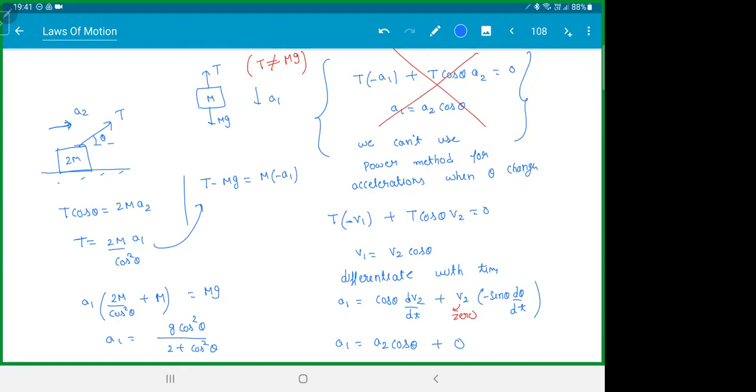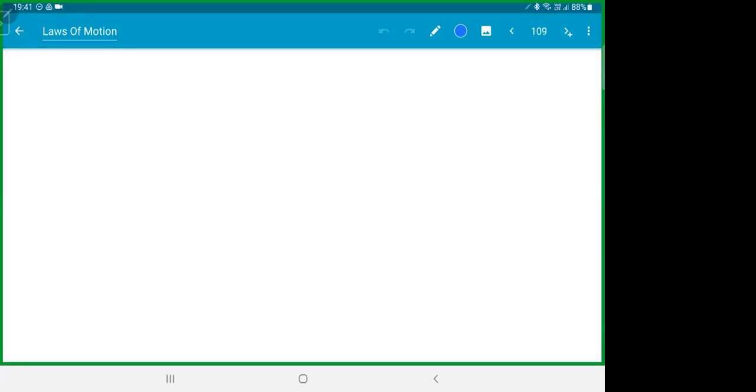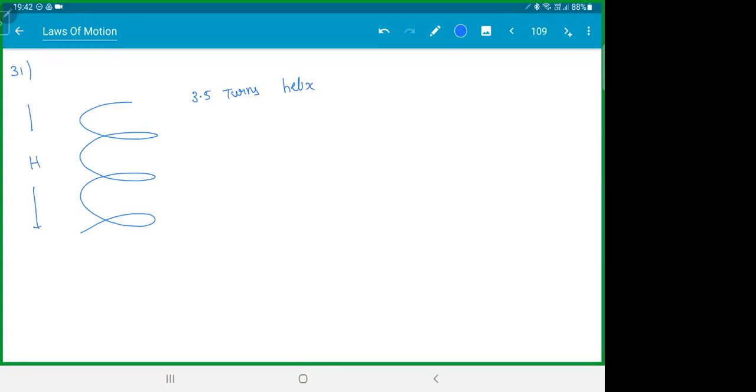Next one. Let's see how many of you remember this. Helix. 3.5 turns का helix. Height is h. This is the second time you're encountering this. Radius is r. Smooth helix.